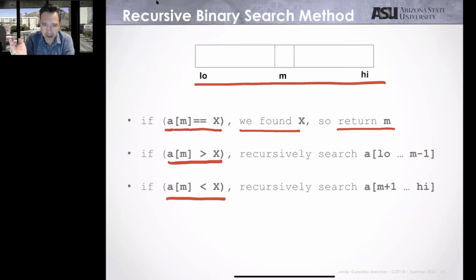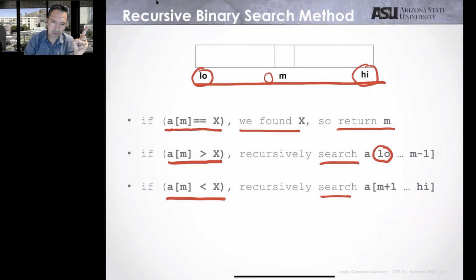If that is the case, what I want to do is to search again. Now, instead of searching from this one to this one, I want to search from the first one to n-1 here.